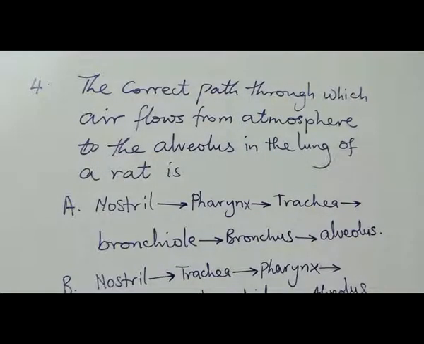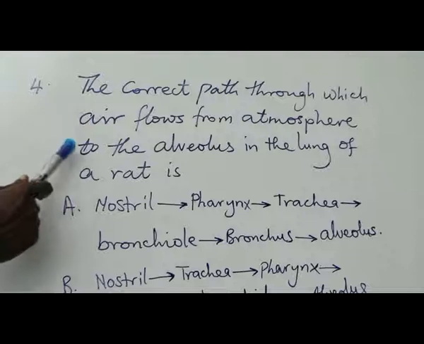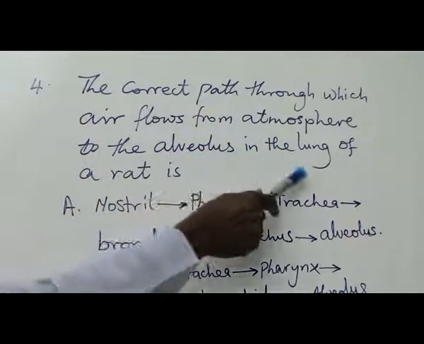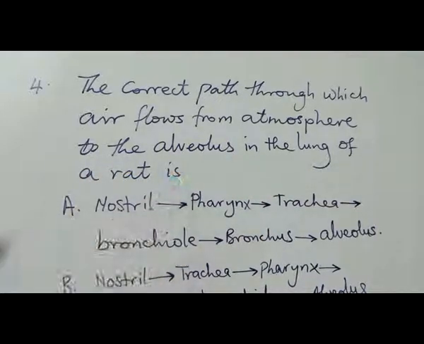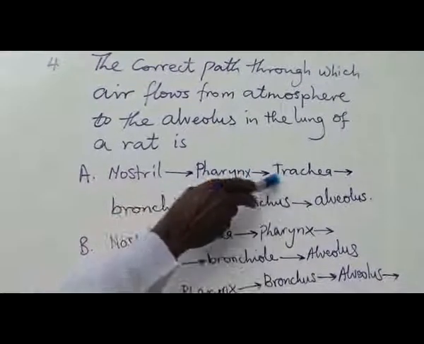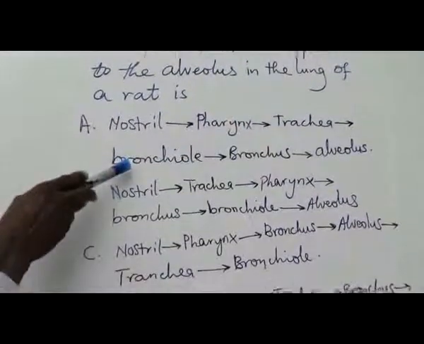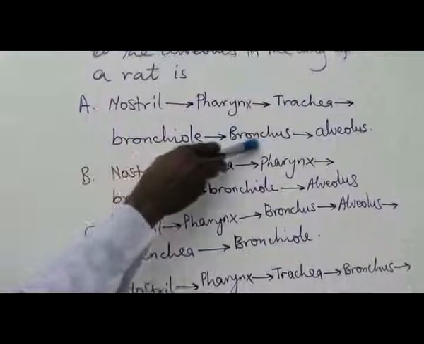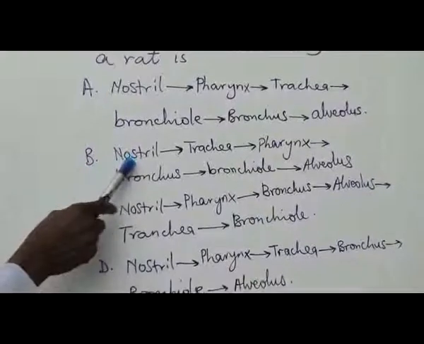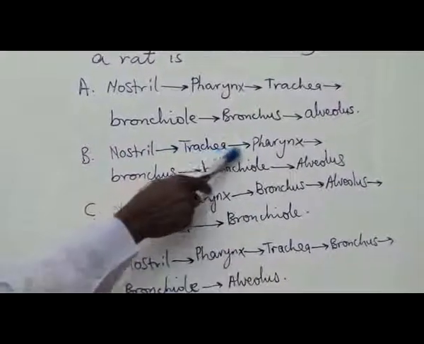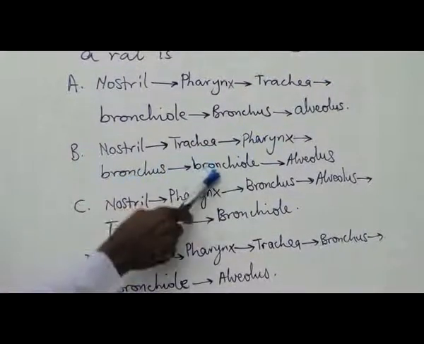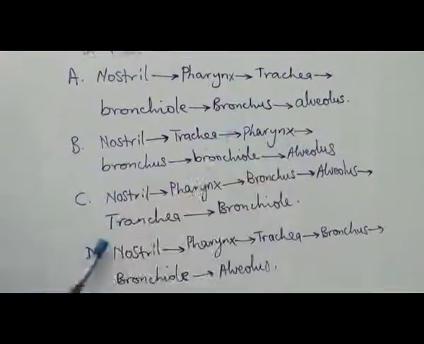Example 4. The correct path through which air flows from the atmosphere to the alveolus in the lung of a rat is: A. Nostril to pharynx, pharynx to trachea, trachea to bronchiole, bronchiole to bronchus, from bronchus to the alveolus. B. Nostril to trachea, trachea to pharynx, pharynx to bronchus, bronchus to bronchioles, and bronchiole to alveolus.